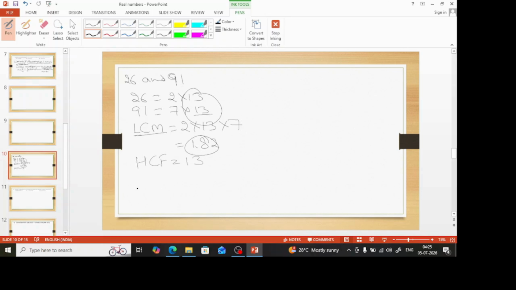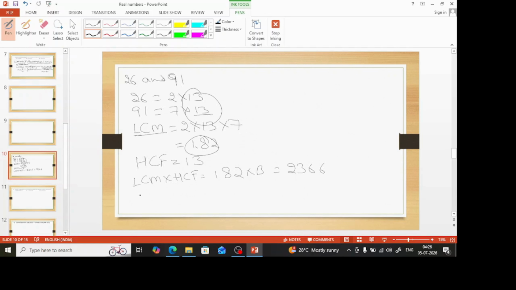Now the question is asking us to verify that the product of LCM and HCF is equal to the product of these two numbers. We will calculate the product of LCM and HCF: 182 into 13 gives 2366.